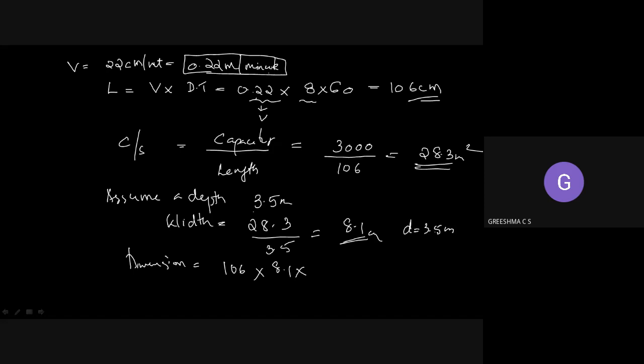We have to provide a freeboard of 0.5 meters. With the 0.5 added, we get 4 meters. So that's the dimension of the tank, length into breadth into height.